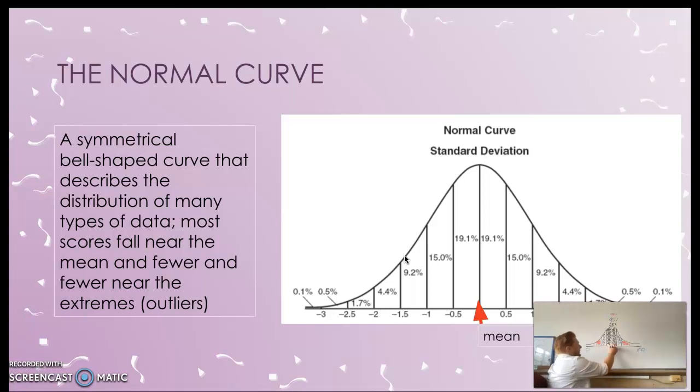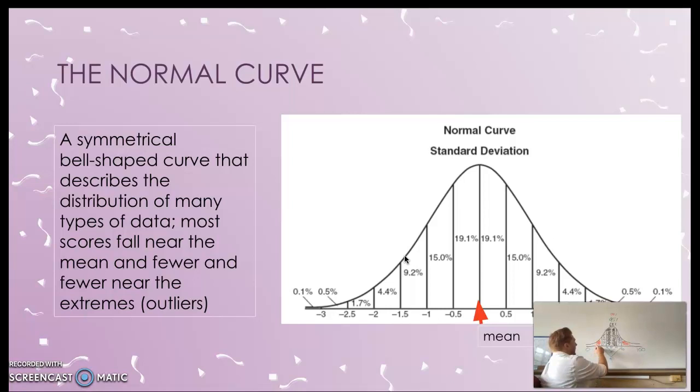This would say that if 80 was here, 75 to 85, 68% of all test scores would fall between 75 to 85. 2 standard deviations, that would mean 70 to 90, 95% of all your test scores would fall between 70 and 90.